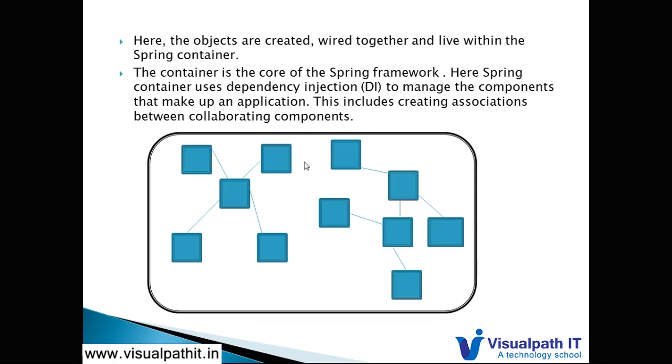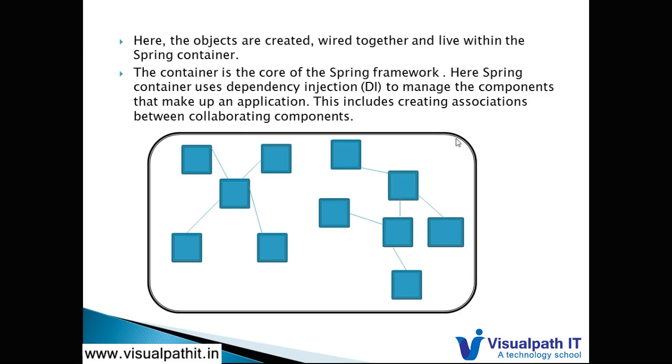The container is the core or heart of the Spring framework, where this container uses the dependency injection to manage the components that make up an application. Its functionality includes creating associations and collaborations between these components. So the container is one of the most important parts of the core of the Spring framework.